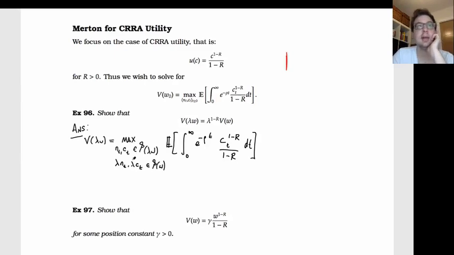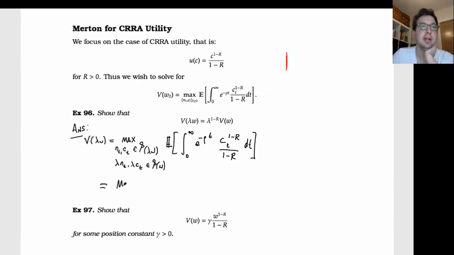So instead, I've just essentially renormalized the money, okay? So the units aren't units of 1, but instead I have them in units of lambda, okay? So it's essentially just a changing of the units in some sense.